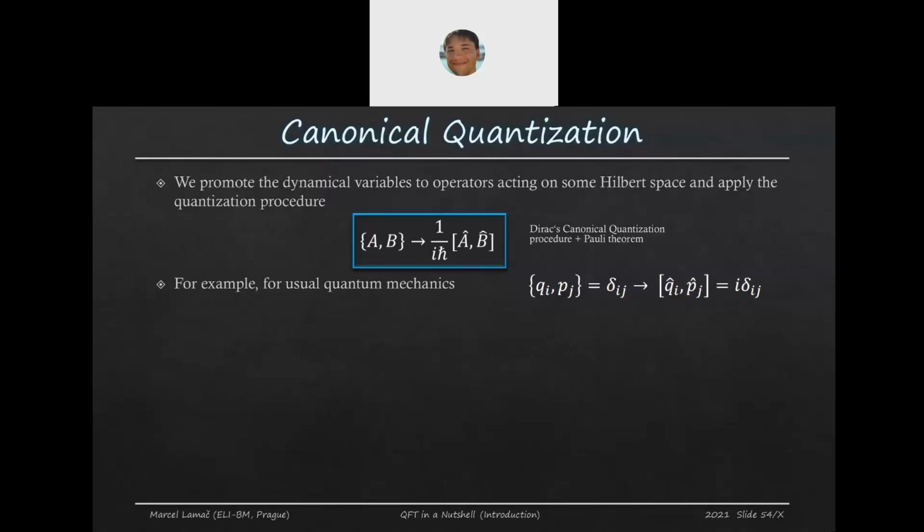But we must also be careful, depending on the type of quantity. For example, in our case, we will be quantizing fields. So depending on the type of field, we must supply either the commutation relation or the anti-commutation relation.